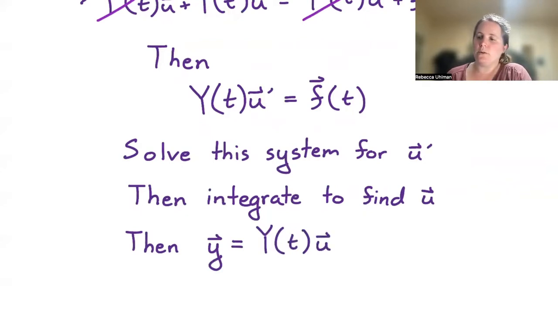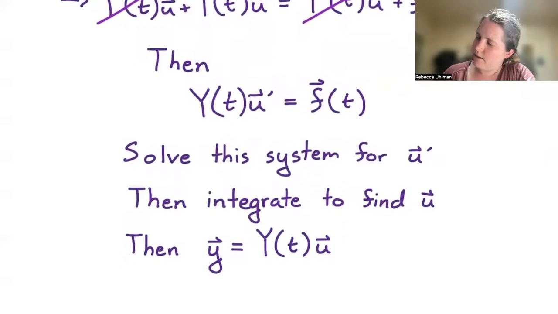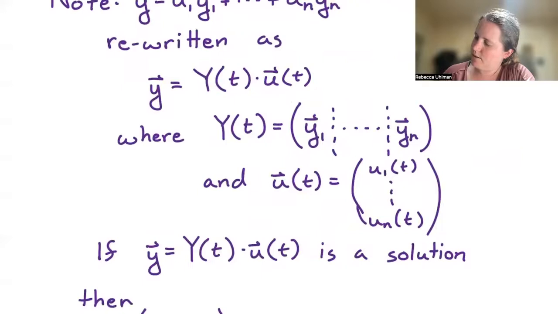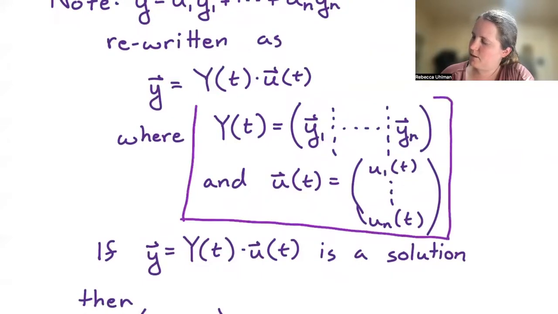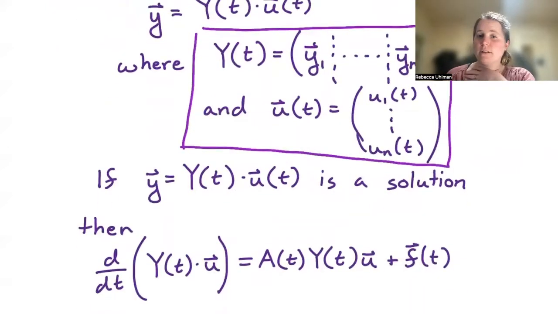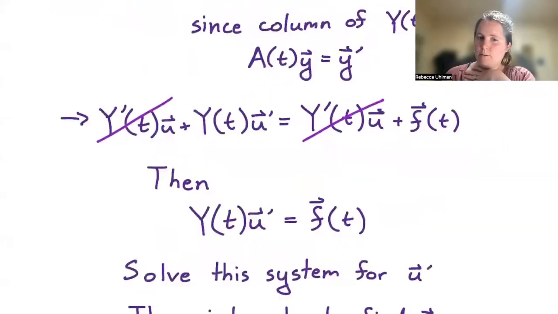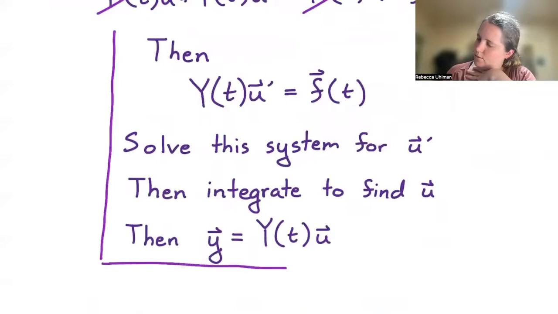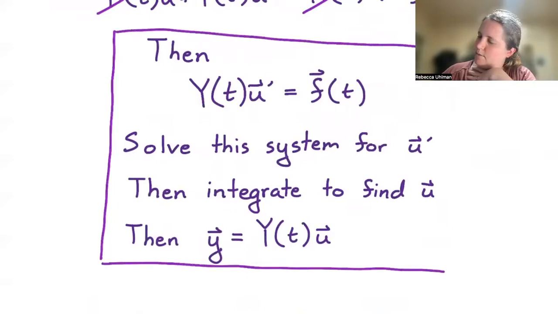So in order to run variation of parameters, really what we need is, if we take Y of t to be our fundamental matrix, and if we take u of t to be that vector, then we can go ahead and jump down to Y of t times u prime is f of t and solve from there.